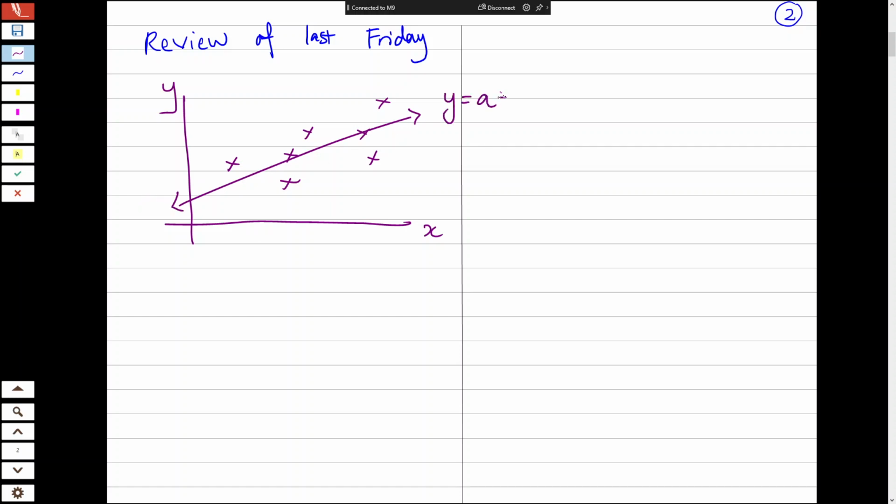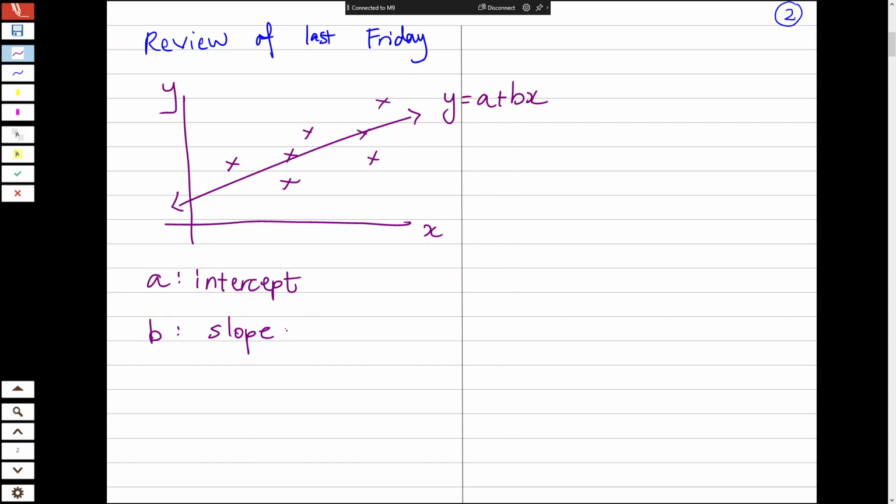And I want to fit this line y equals a plus bx to the data to model it. So a is the intercept. That's a term we're going to use today. And b is the slope.